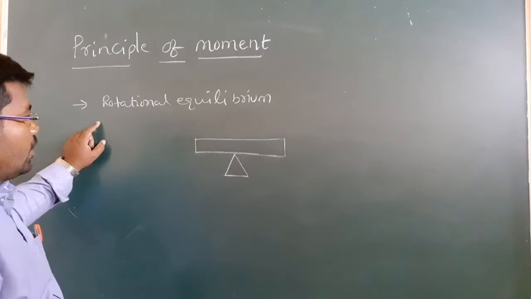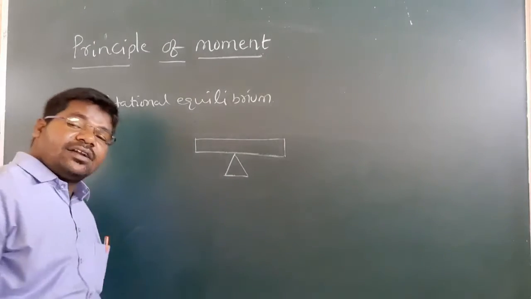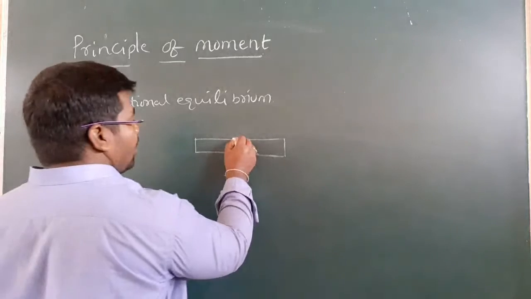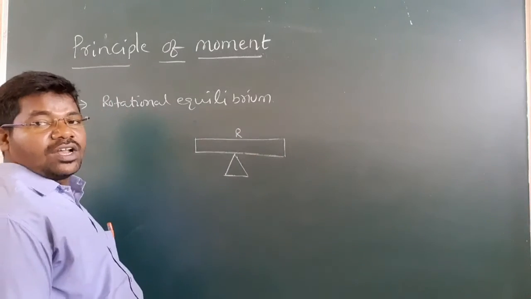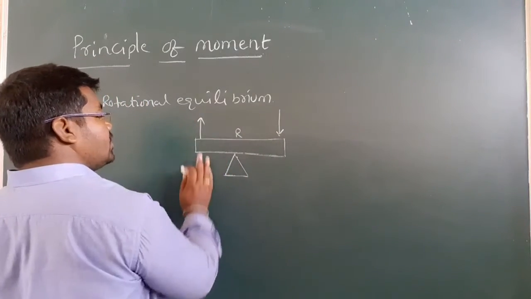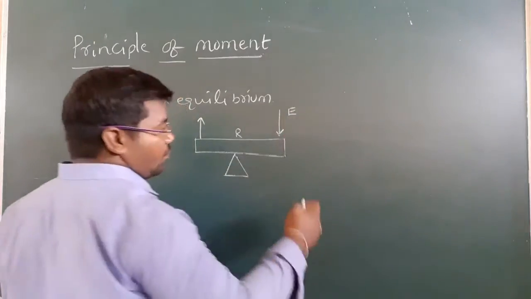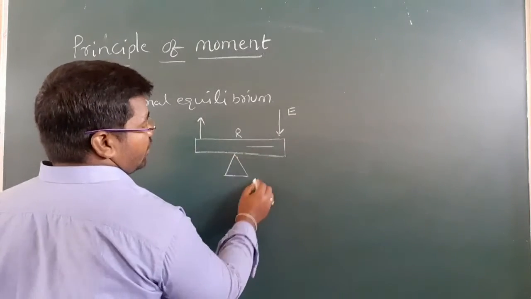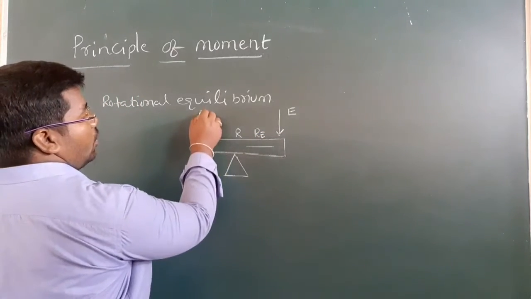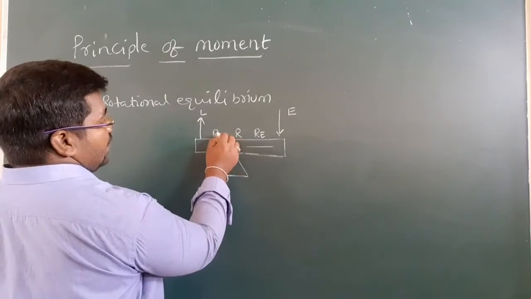So when the rod is in rotational equilibrium on a particular point, see here, this is R, you can say fulcrum. We can apply some force here; the force moves in the opposite direction. So we can say this is effort, and the effort arm RE, and here the load, and here RM.